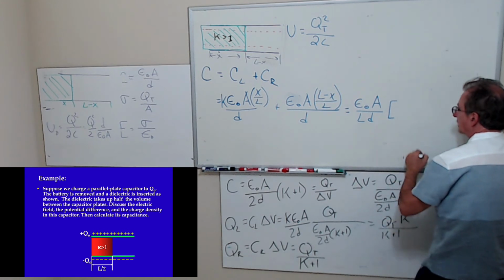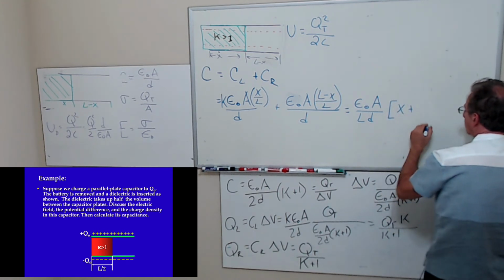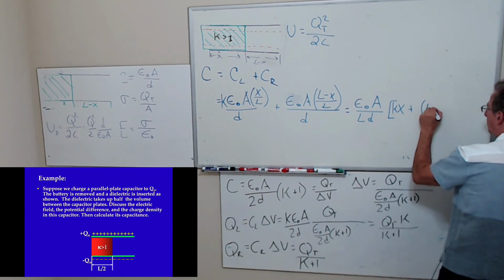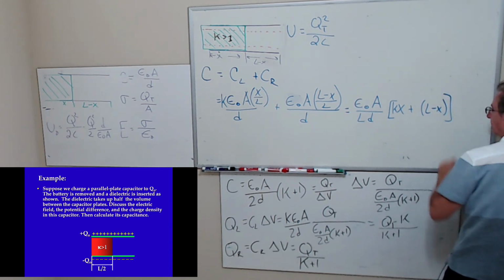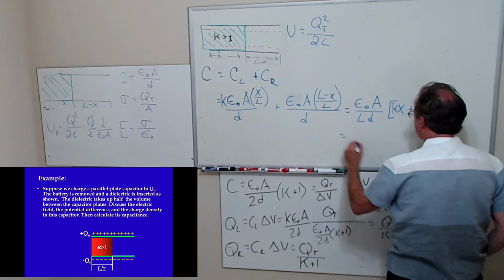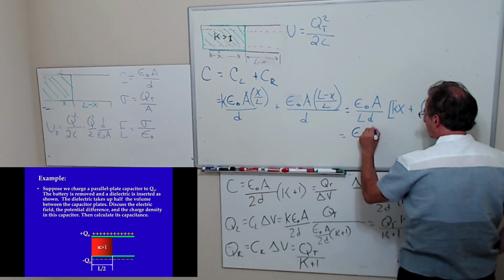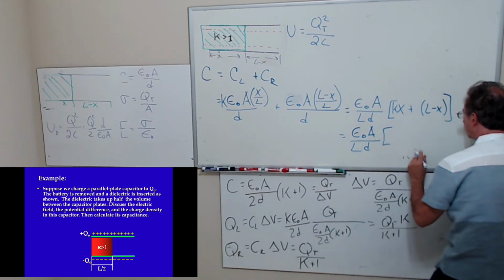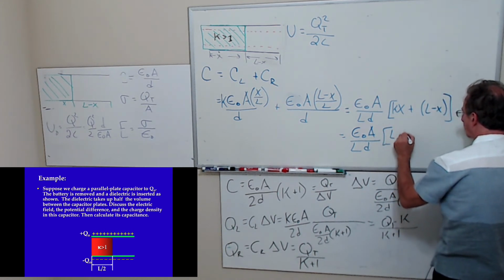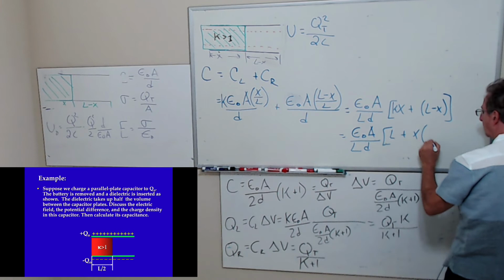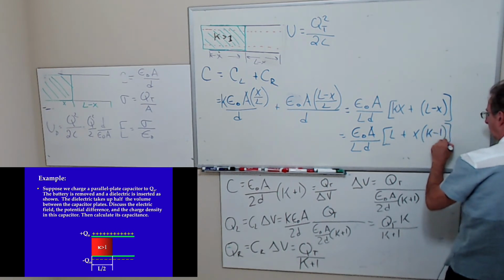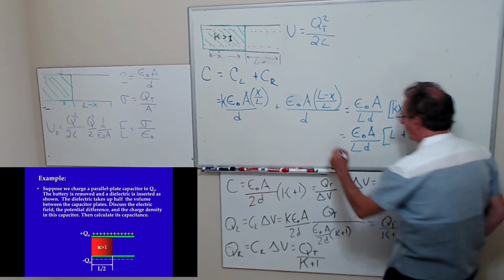And then in the brackets, I'm going to have kappa x plus L minus x. I can rewrite it in the following way. So that's my total capacitance.